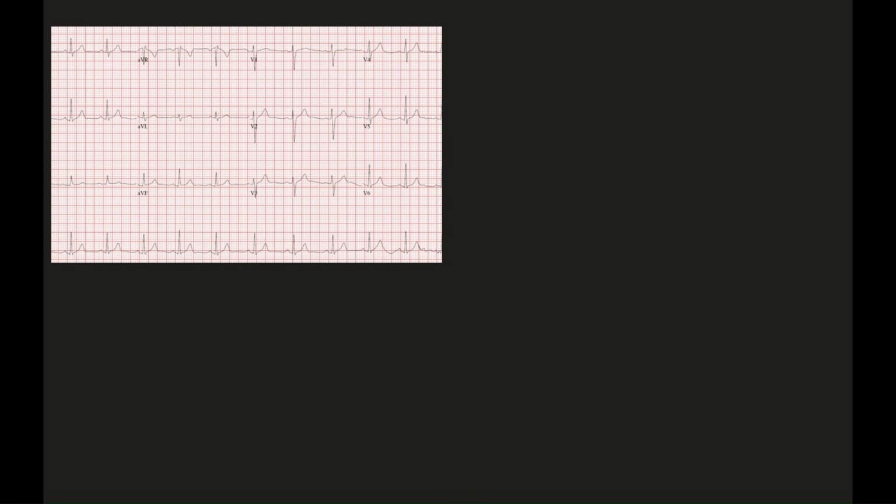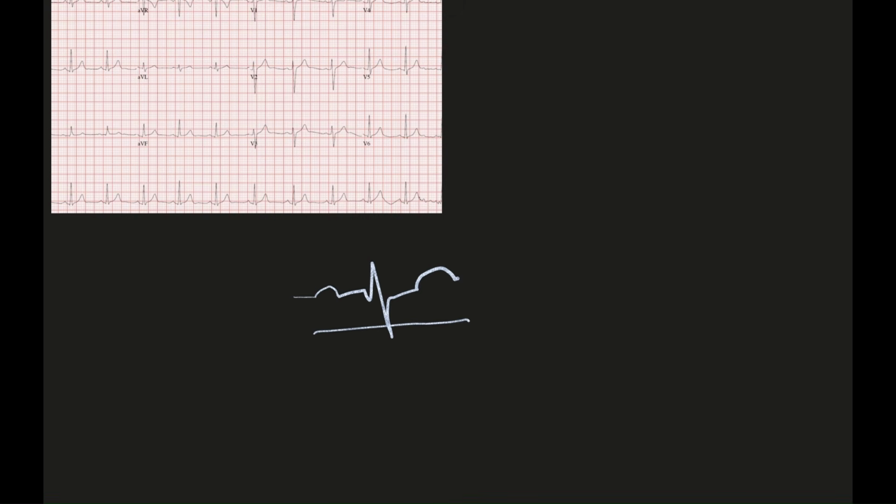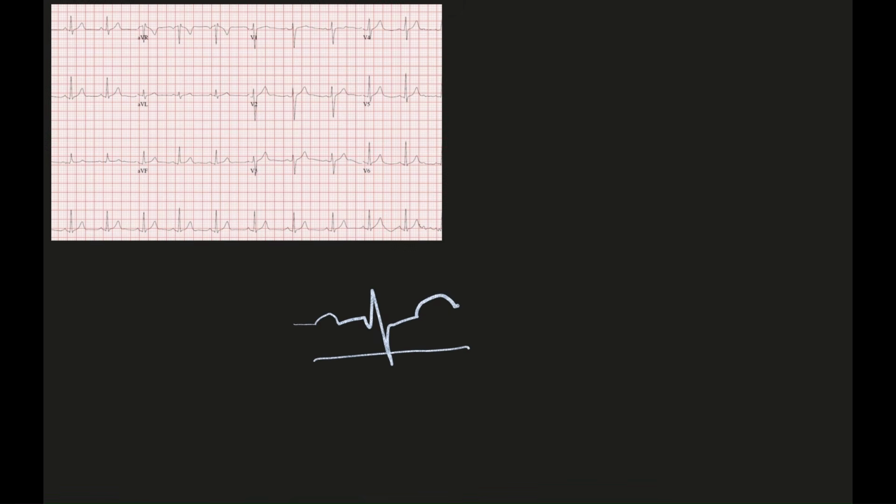Whenever you see an ECG, you need to know a few basic things. I'm not going into the details of the P, Q, R, S complex and T wave. You already know about these things. So in a normal ECG, this is the wave pattern.